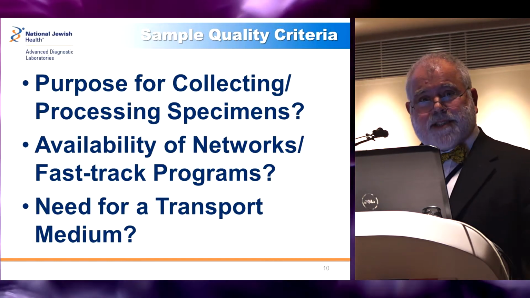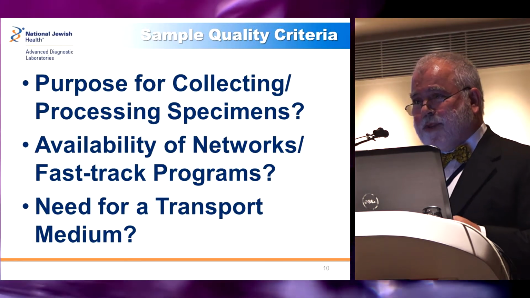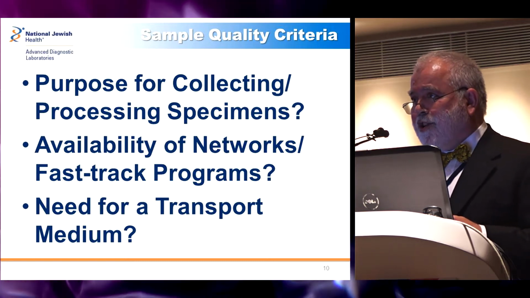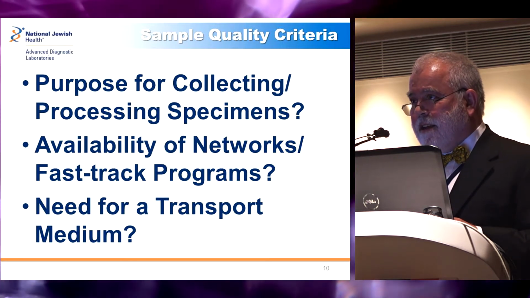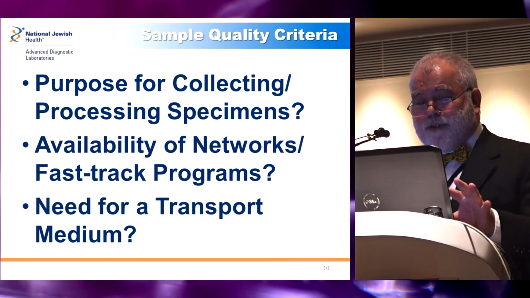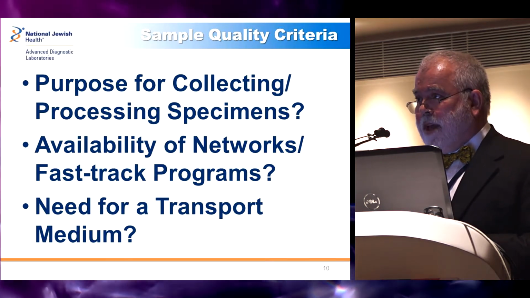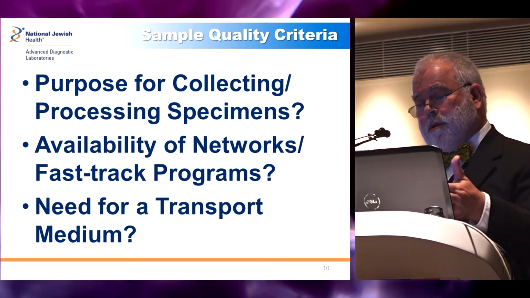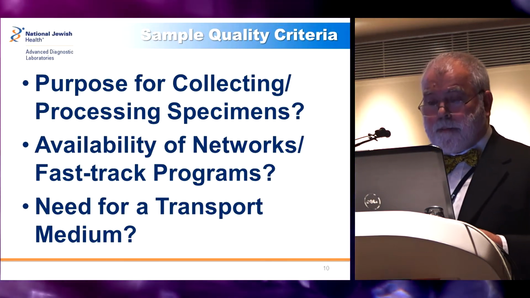I was in a session before where in one of the African countries they demonstrated with a transportation system that they were able to cut turnaround times from 3 weeks to 1 to 7 days. This is when you have a systems approach. And lastly, this is a new field for us, the need for a transport medium. As we ship specimens more around, we need to look, is what we're currently doing really the best way?